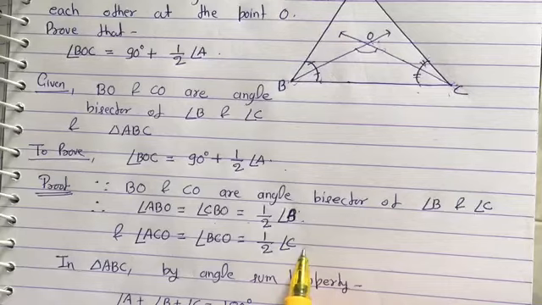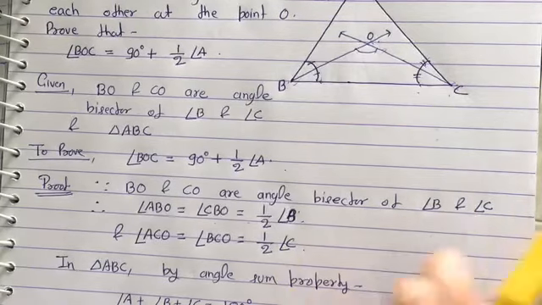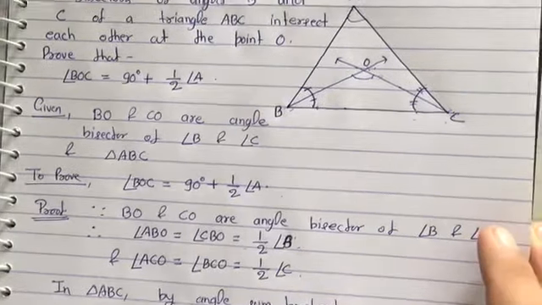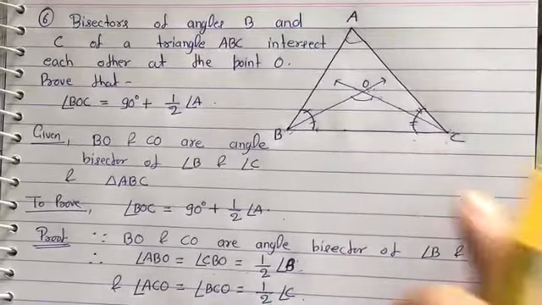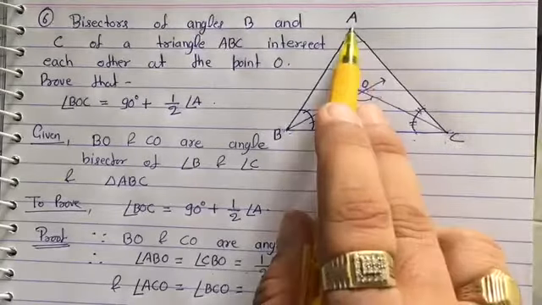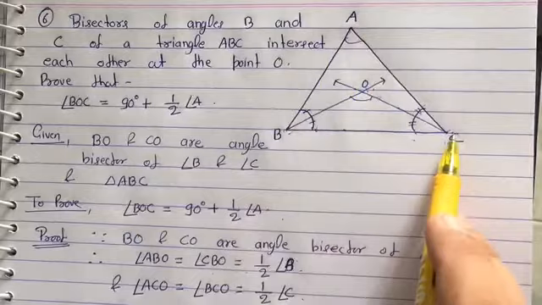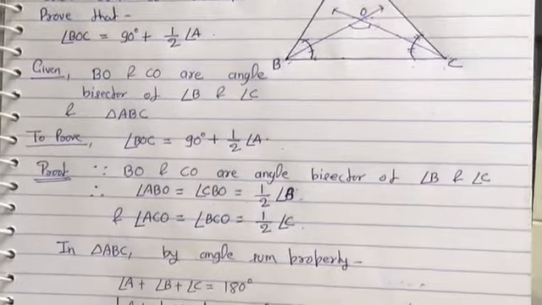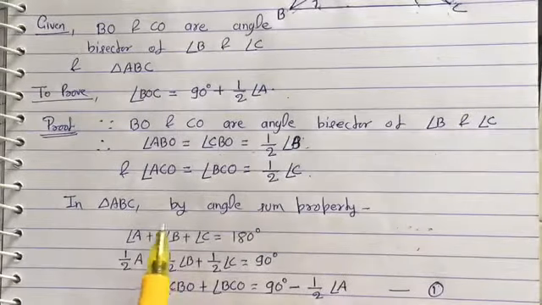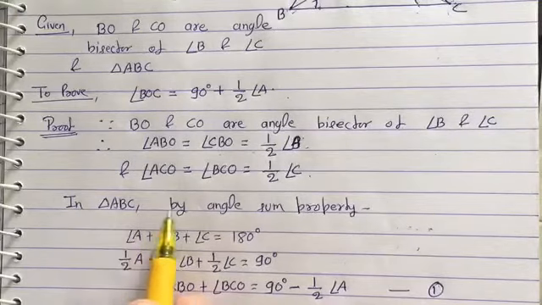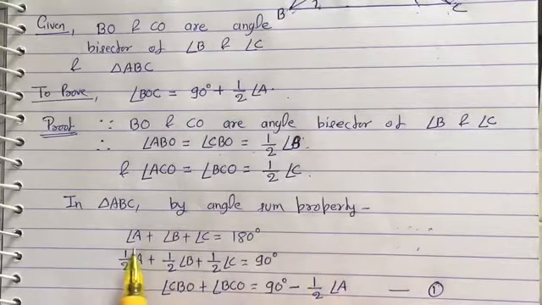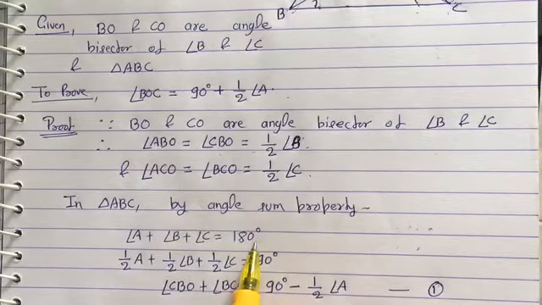Okay, now we can apply the angle sum property in the big triangle, triangle ABC. So angle A plus angle B plus angle C is equal to 180 degrees. Apply the angle sum property. In triangle ABC by angle sum property, angle A plus angle B plus angle C is equal to 180.